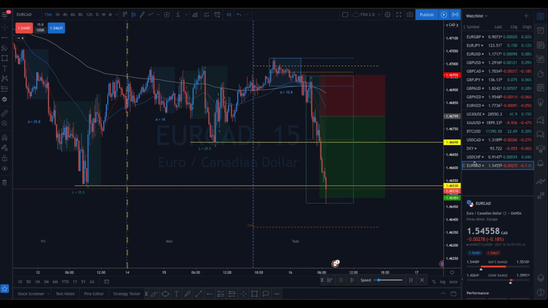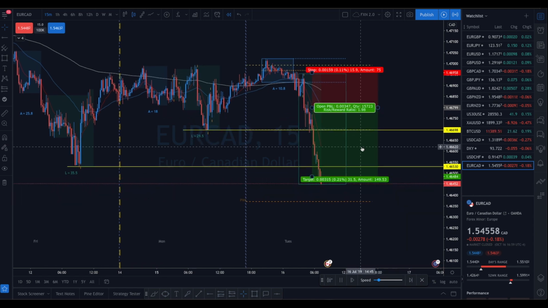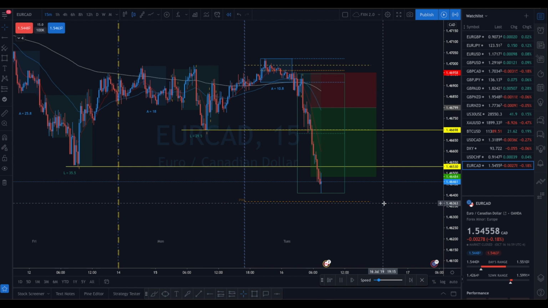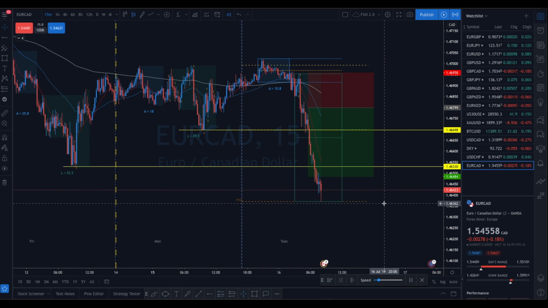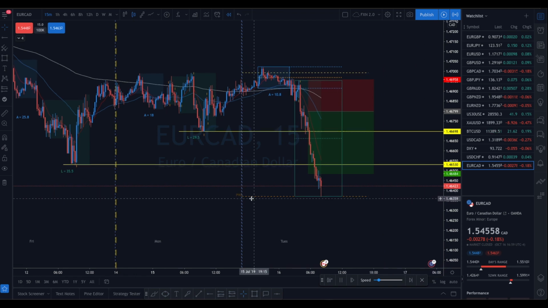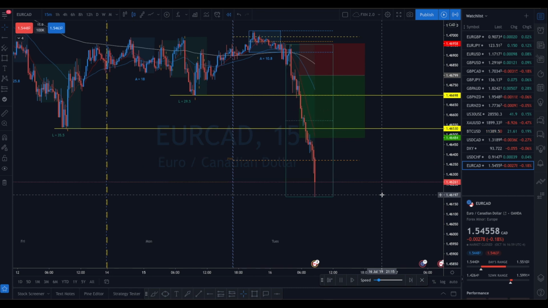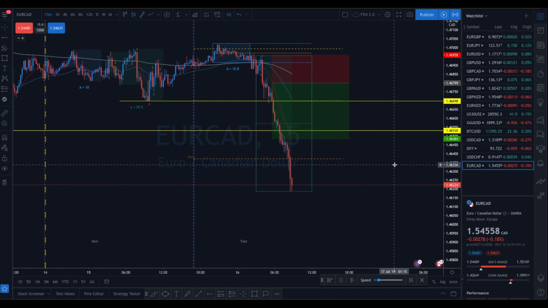Okay, so it did go 2-to-1, which is awesome. So it's 30 pips, and it's still going down. Now it's all the way down to the previous week's low. Jeez. Okay. Still going down.